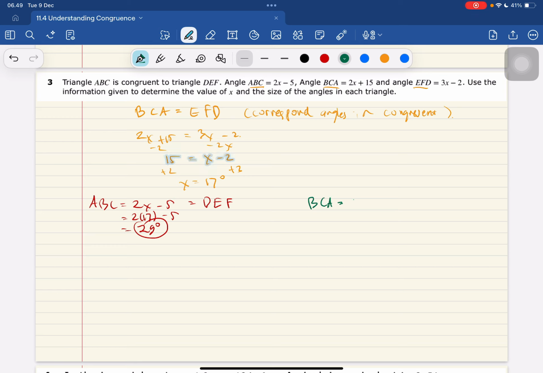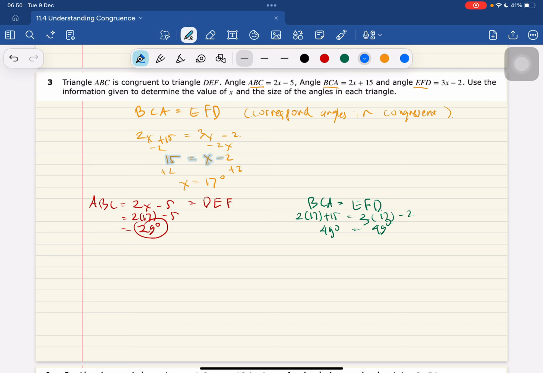BCA is going to be congruent with EFD. So we can check it here. 2 times 17 plus 15 equal to 3 times 17 minus 2. So it's going to be 49 degrees, and also 49 degrees.